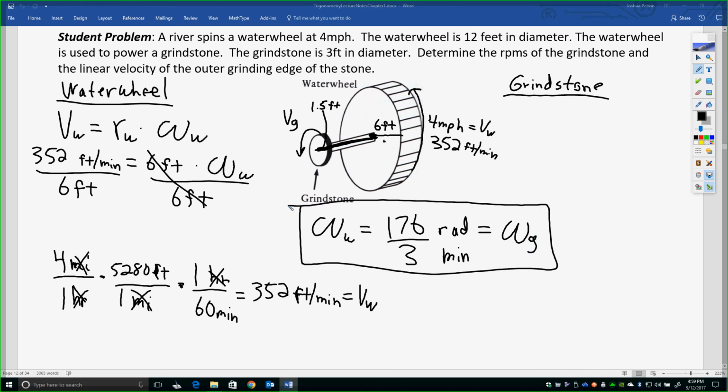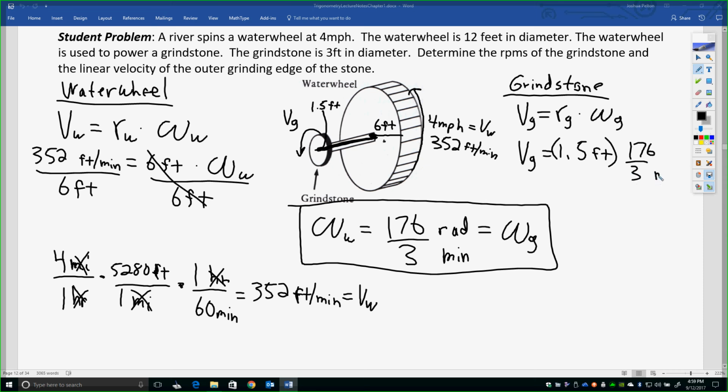Okay? So the last piece now is getting the speed linearly of the grinding wheel. So the velocity of the grinding wheel is the radius of the grinding wheel times the angular velocity of the grinding wheel. Well, we know the radius, that's 1.5 feet. And we know that the angular velocities are the same for both, which is 176 over 3.